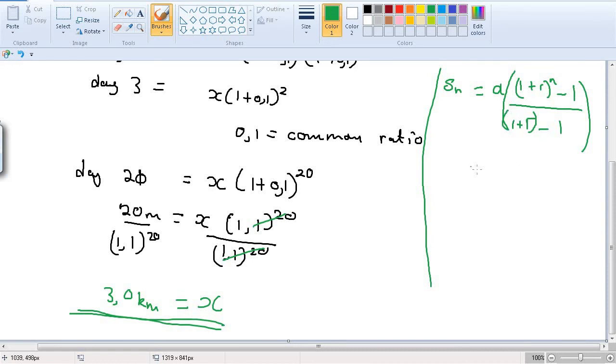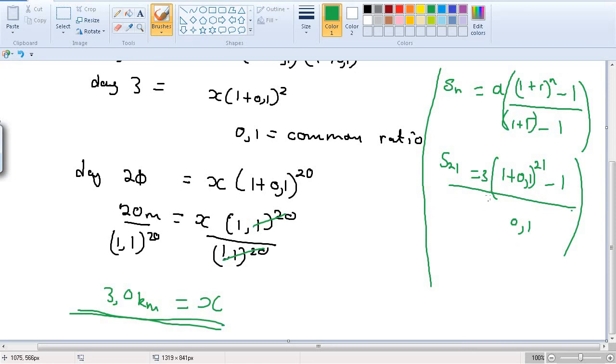Okay, so the sum of 21 terms is now going to be a, which is 3, in brackets (1 + 0.1) to the power n, which is 21 in this case, minus 1, all over (1 + 0.1) minus 1, that's 0.1.